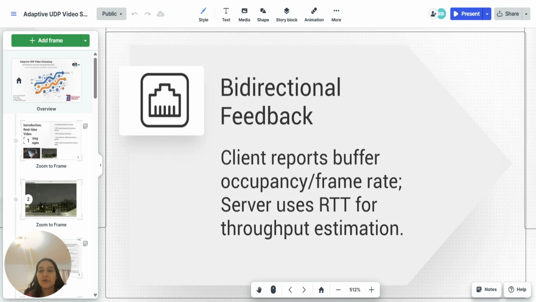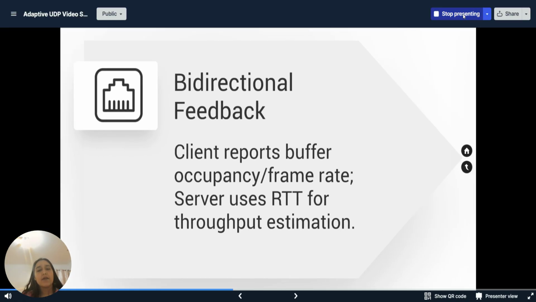Just like we said, we have the buffer. We're using BOLA, and we're sending the buffer occupancy, which is how many frames are actually in our buffer right now, just to correct the server's counting, which we're going to get to.